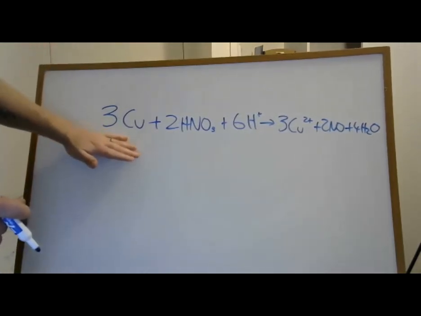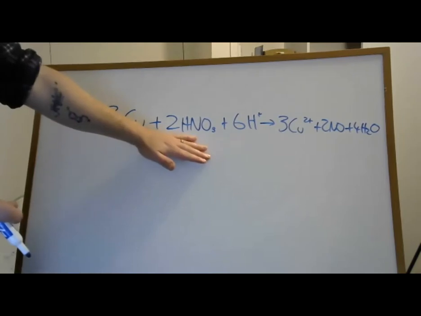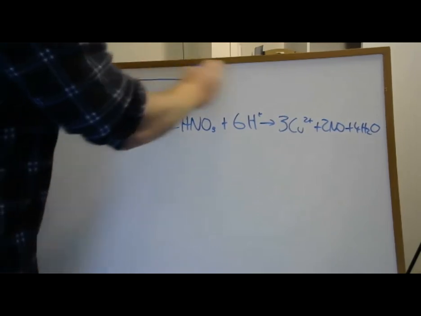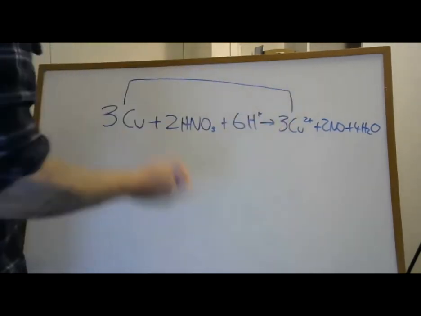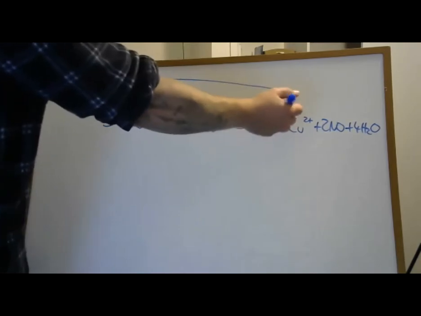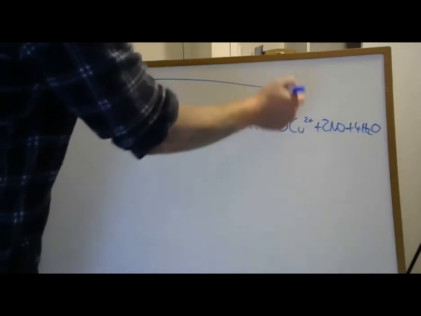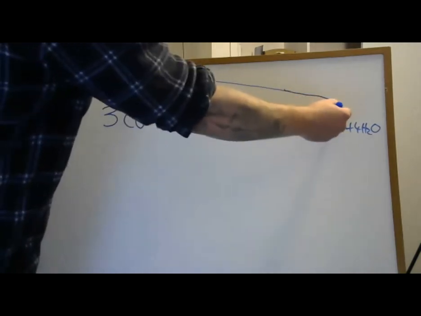So 3 molecules of copper react with 2 molecules of nitric acid, and 6 electrons are transferred between here and here. So 6 electrons are lost here. And technically they go to nitrogen.